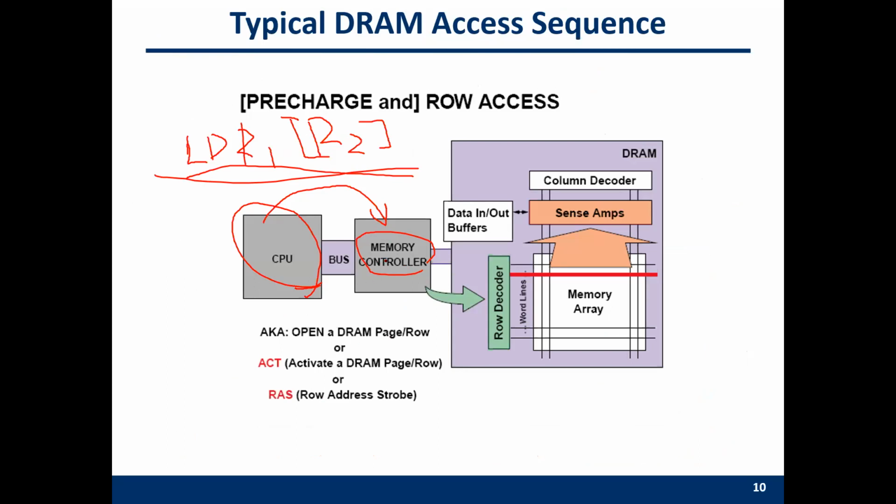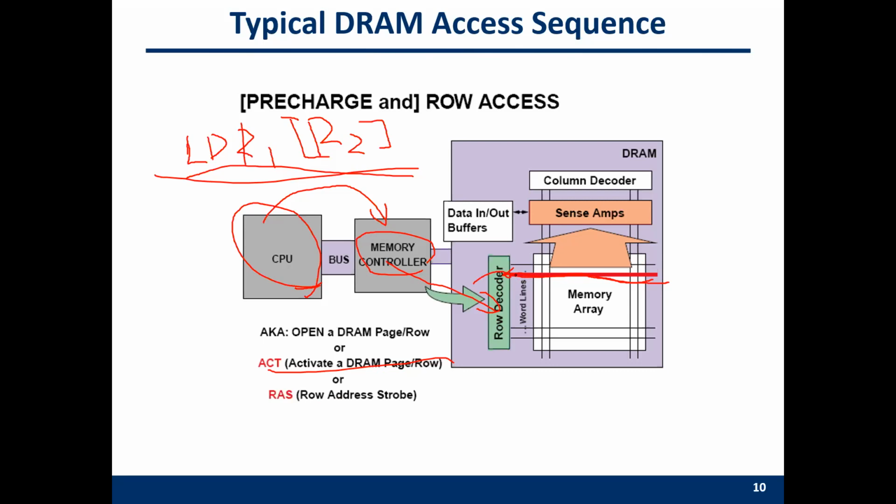And then the memory controller will first send an activation, which means you use the row decoder to select one row, activate one row. And then it will send a command named row address strobe, which means activate which row. So you want to activate this row, and you need to give this row's address.